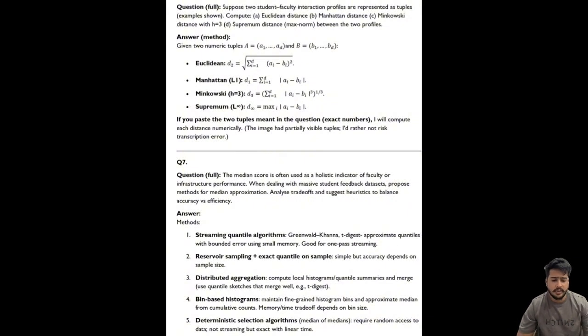The memory-accuracy trade-off depends on bin size. Now the last, the deterministic selection algorithm, requires random access to data, not streaming, but exact with linear time.